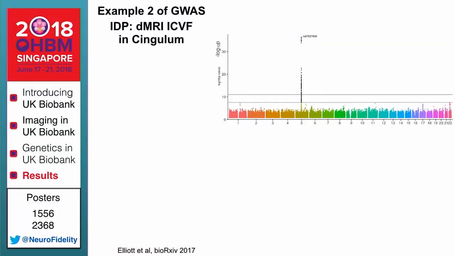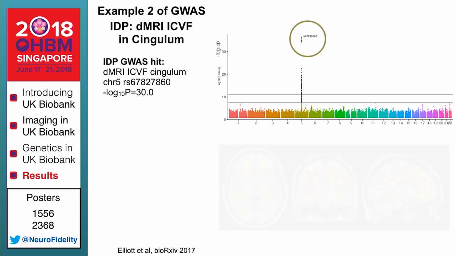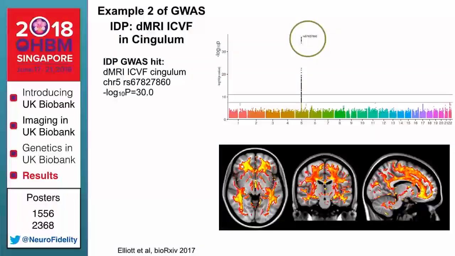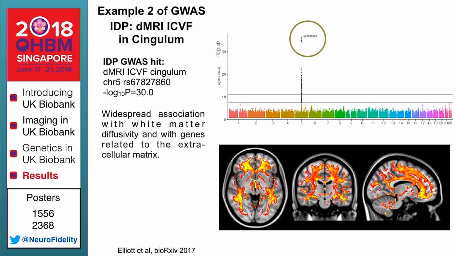Finally, the last GWAS that I wanted to show is the intracellular volume fraction in the cingulum, with one significant hit in chromosome 5 with a p-value of 10 to the minus 30. And if we get the spatial map out of this SNP, you can see that the effect is widespread across the whole white matter.